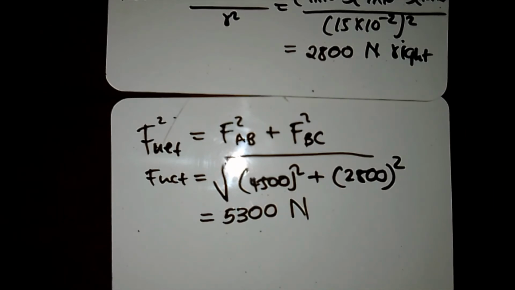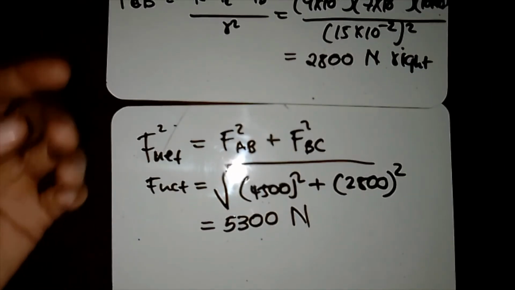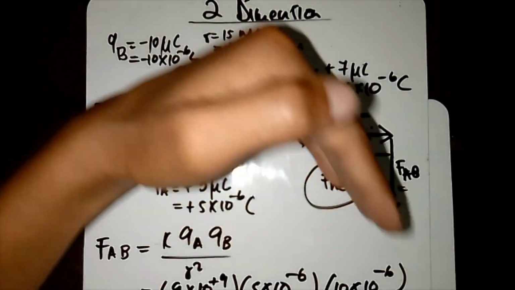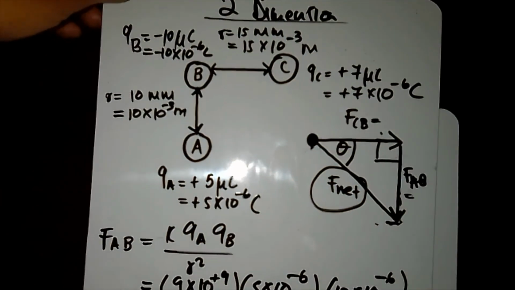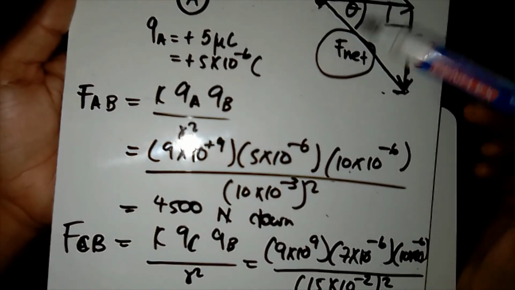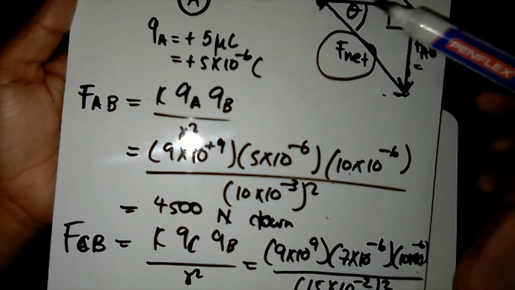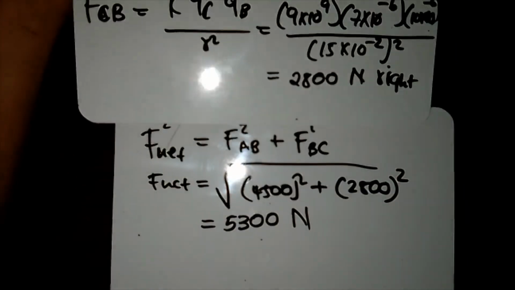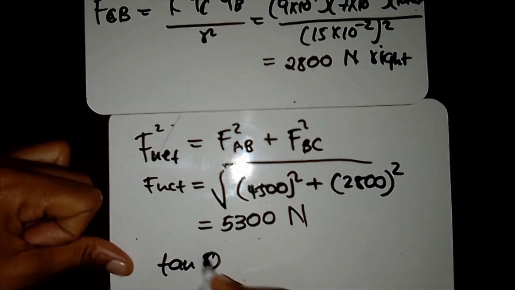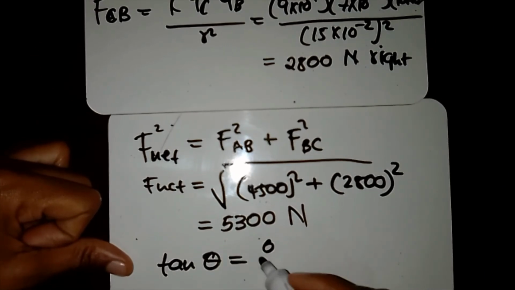So that is our magnitude, but we're not done, because this force acts in a certain direction. That direction we have to find, so we have to find theta. We can't say it's to the left or to the right. We have to include the angle that it makes with respect to the x-axis, and to do that we can use the tangent of theta, which is opposite over adjacent.